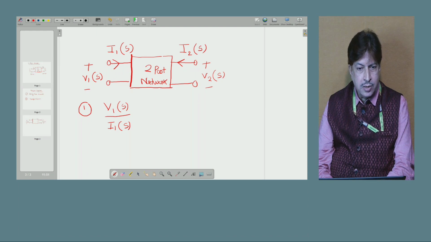Denominator is input port current. Both variables belong to the input port.